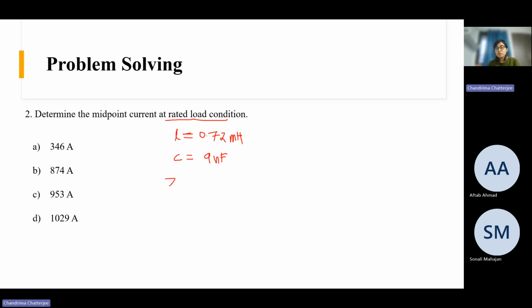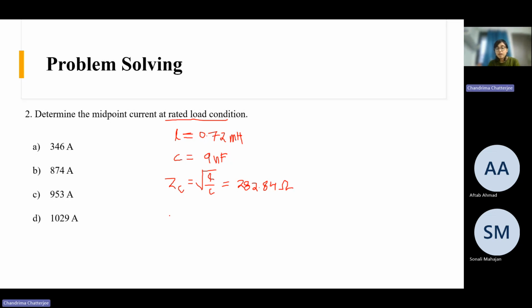We need to find ZC, the characteristic impedance, which is root of L by C. If you do the calculation, you will find the ZC value is 282.842.